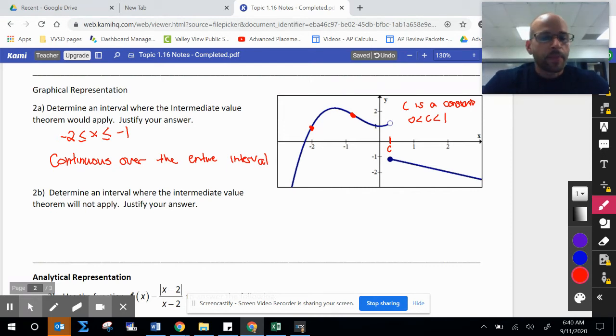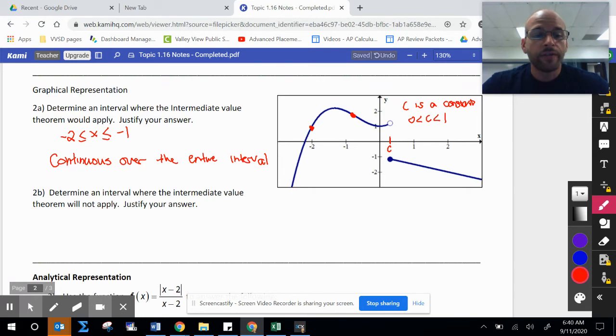Now, if you were to say from -2 to c, that's a problem because it's not really defined at c, right? It has to be continuous over that closed interval, -2 to -1. So we want to make sure those points actually exist.